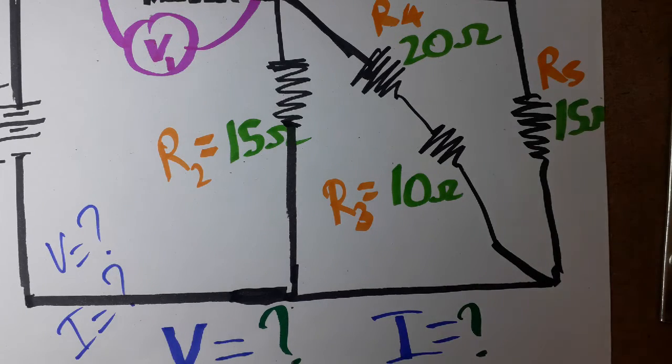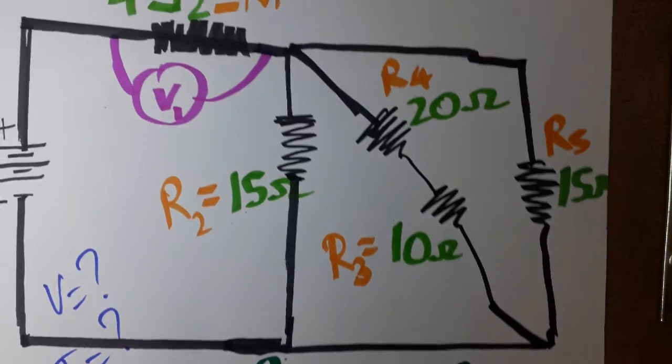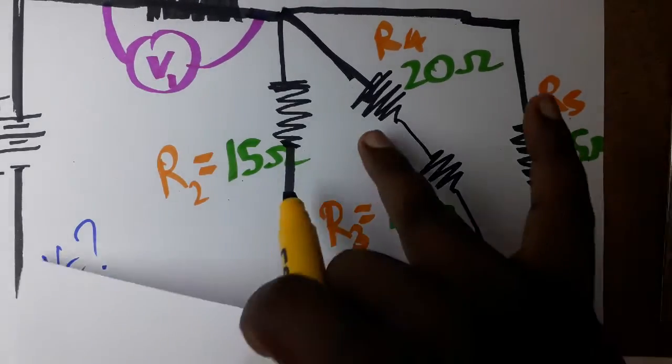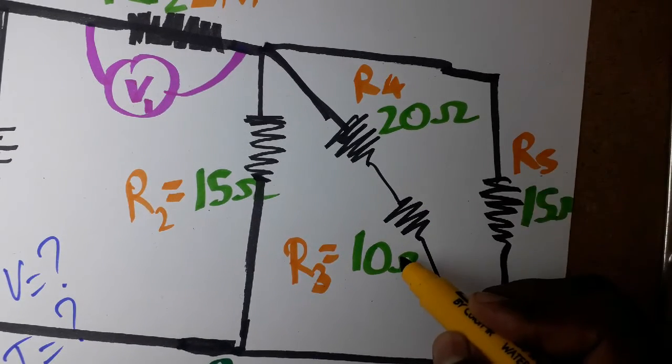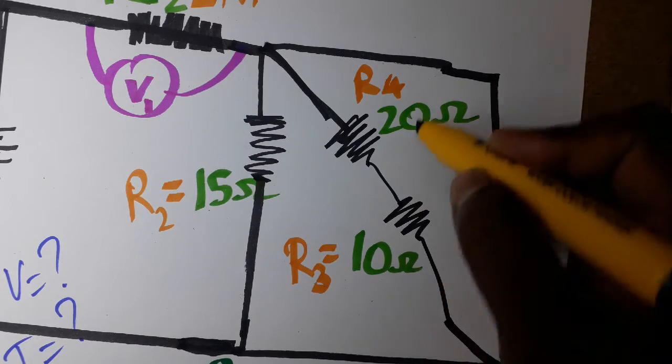Okay, so first of all, I am going to modify this circuit according to my convenience. See here, these two resistances, 10 and 20, are in series, so it is totally 30.